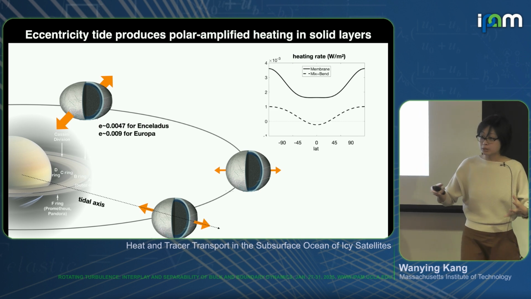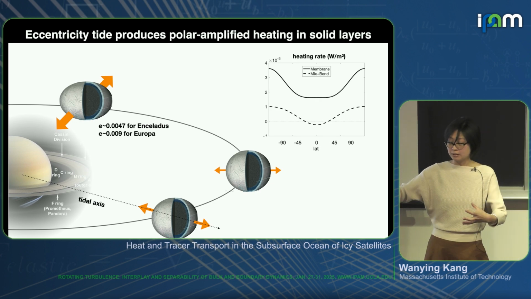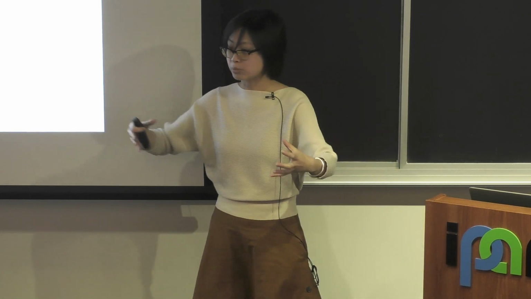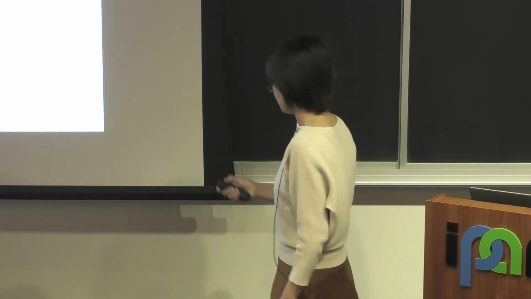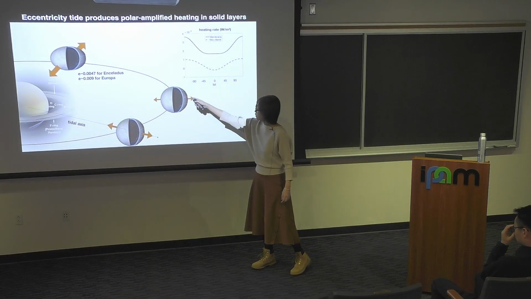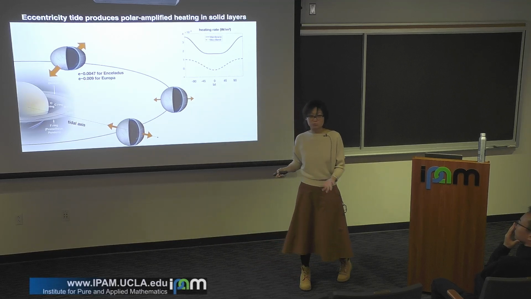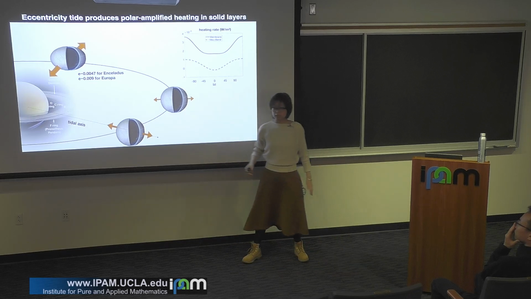It can happen in the ocean layer. You have this tidal bulge, and under the eccentric tidal force, the bulge is vibrating back and forth. So you're gonna have this elliptical instability, you're gonna trigger inertial waves and all that. Potentially, if you are lucky, you may even get into a resonant state, so you can generate dissipation in the ocean layer.